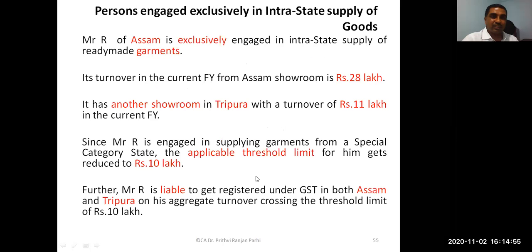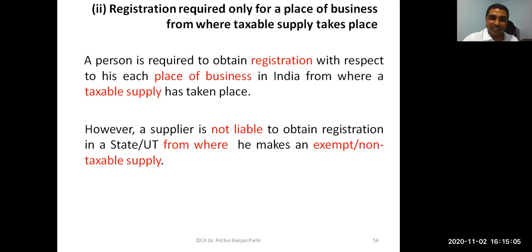Suppose from Tripura he makes taxable supply and in Assam some non-taxable supply, then your answer is right: he may register in Tripura and not in Assam. But in our example, in both cases you are making taxable supplies, therefore registration in both states is required.